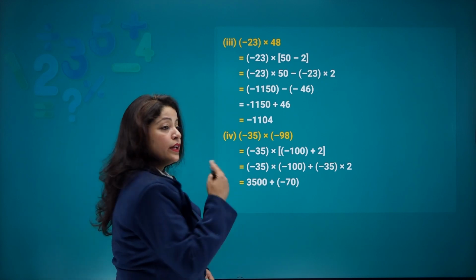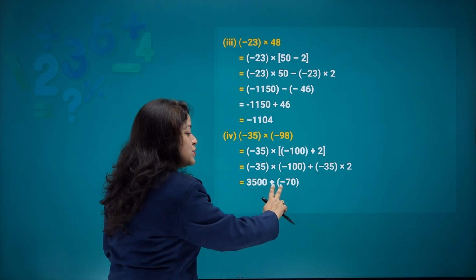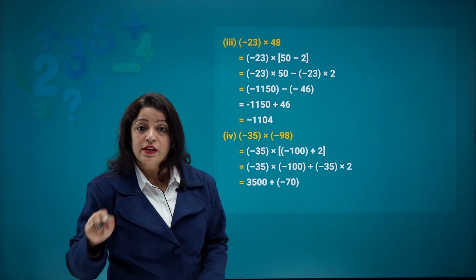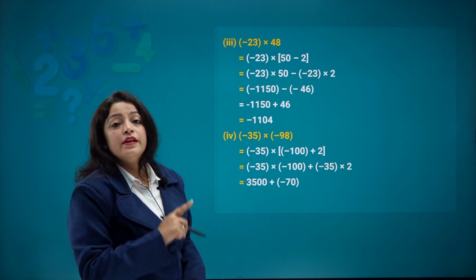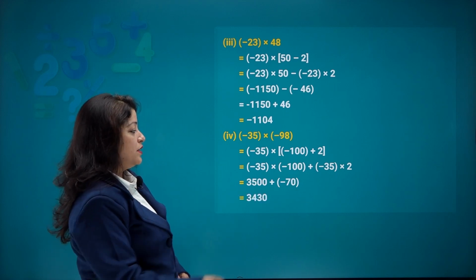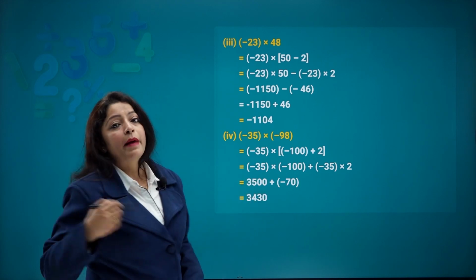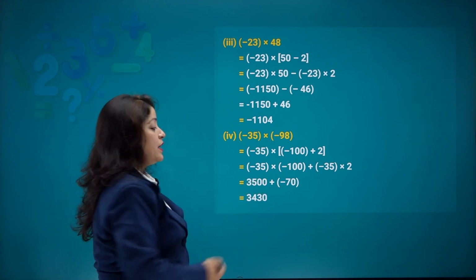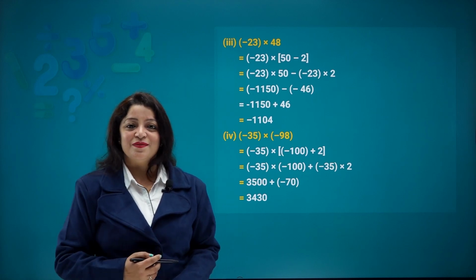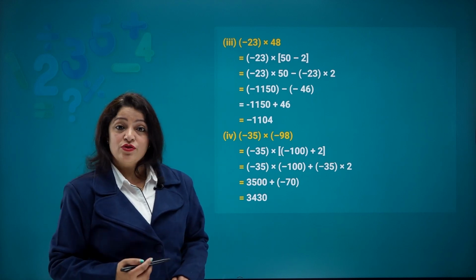Or in other words, we can also say that here these two signs are getting multiplied. They are opposite signs. Whenever opposite signs multiply, you get the negative sign here. So, if I open the bracket, I'll get the result as 3500 minus 70, which gives me 3430 as the final answer. So, I hope this question is also clear.